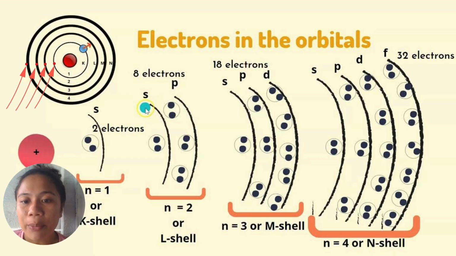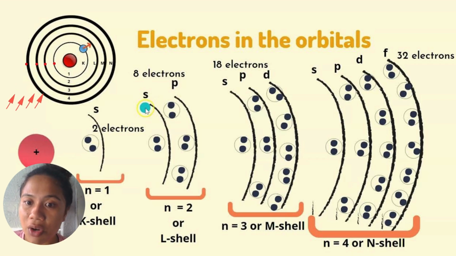Then the circle for shell L is thicker than shell K. The circle for the M shell is thicker than shell L. And for N, it is also thicker than shell M.